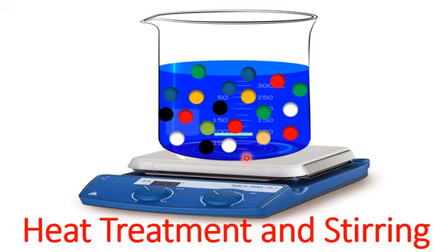So the temperature of the hot plate is usually kept around 300 degrees centigrade, whereas the stirring rate may vary. It could be around 1000 rpm. So it depends on the requirement of the process.